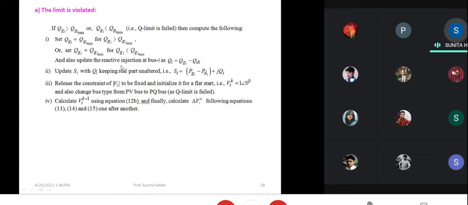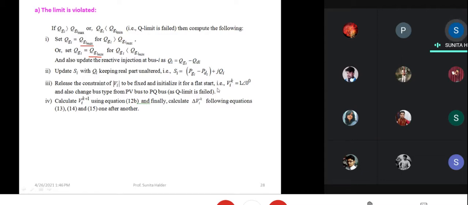Then update the reactive power injection. Now the reactive power injection is fixed at the QG minimum or QG maximum value, and with that you can calculate S, keeping the real part unaltered. Now V will no longer be a constant value, because it is now a load bus.